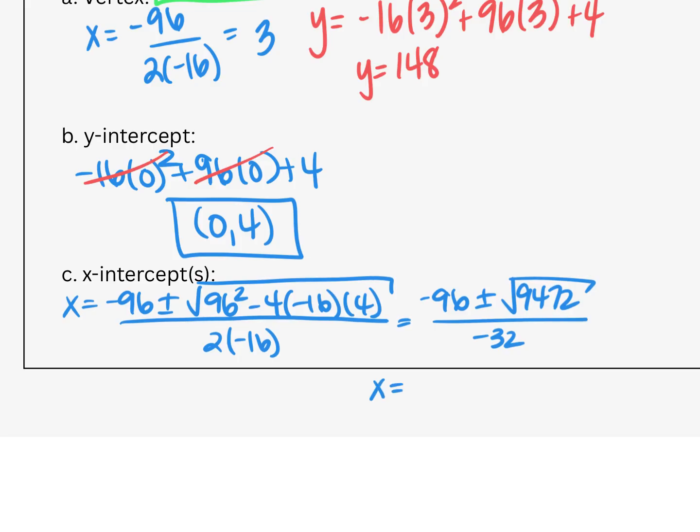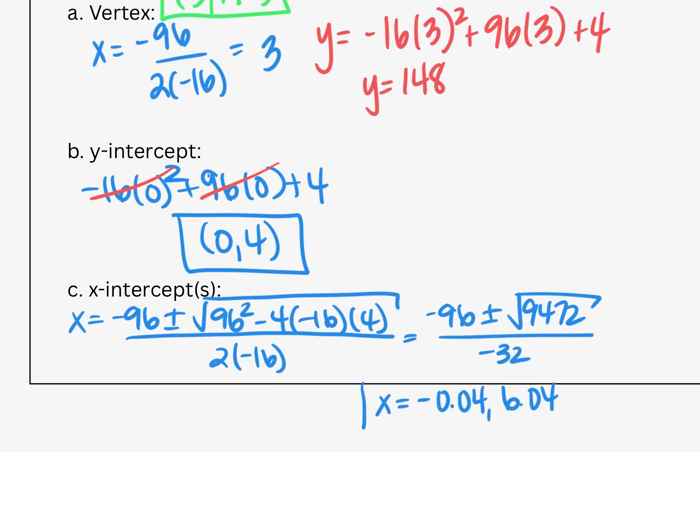And then I'm going to do negative 96 minus the square root of 9,472 divided by negative 32. In my calculator, I'm going to get x equals negative 0.04, or 6.04. So there's my two answers, my two x-intercepts.